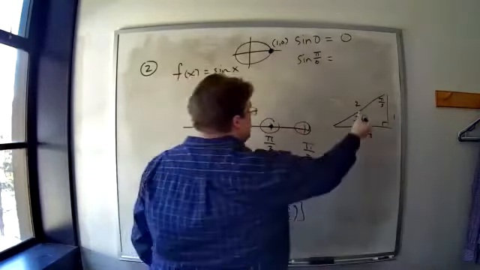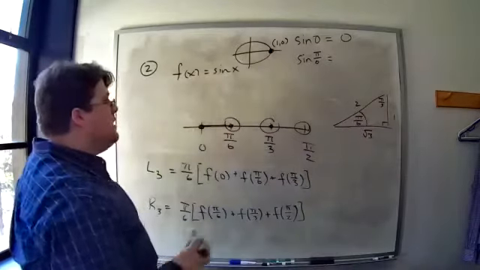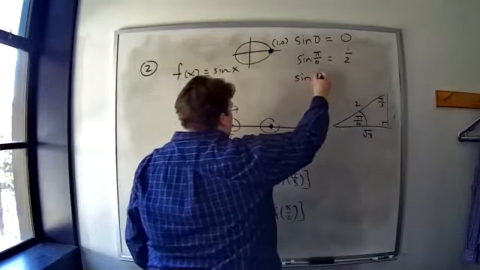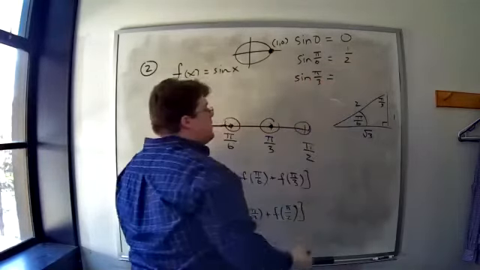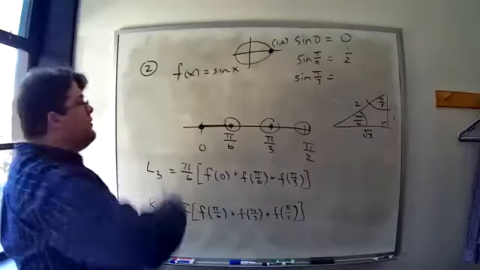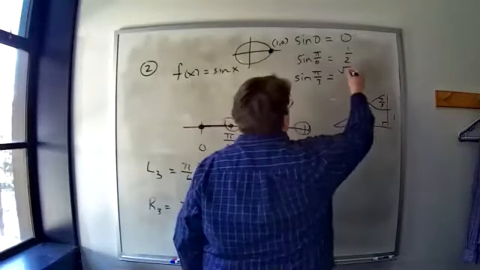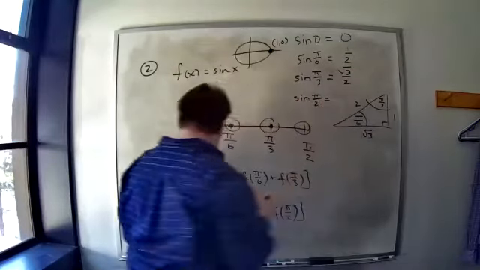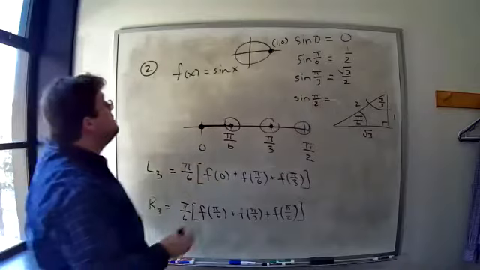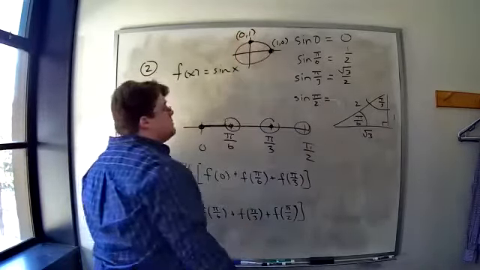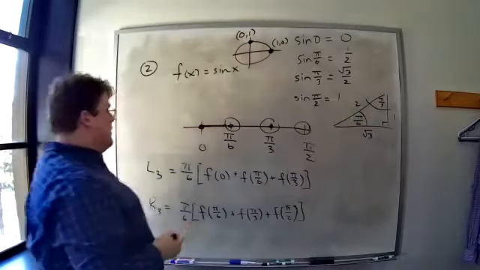Sine of pi over 6, opposite over hypotenuse for that is 1/2. Next, we need sine of pi over 3. Sine of pi over 3, opposite over hypotenuse for that, √3 over 2. And then the last one we'll need for the next approximation, sine of pi over 2 would be the y value up here, 0, 1, so sine of pi over 2 is 1.